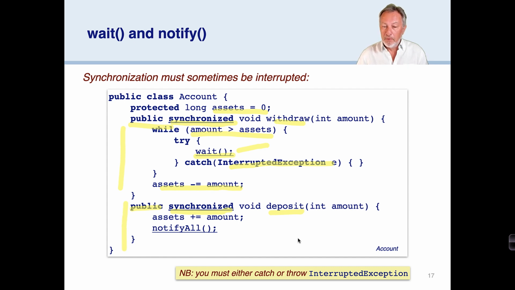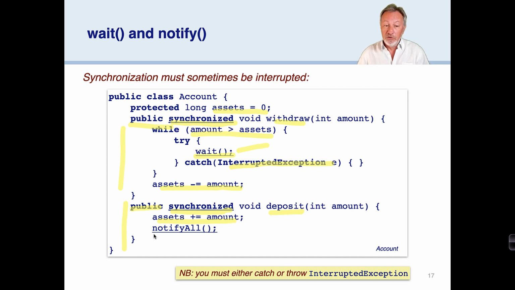When do you get woken up? Well, this is very simple. There's some other method which is also synchronized. It also must be in a critical section. In this case, it's deposit. And this method has no guard because you can always deposit something new. So there's no wait while. We simply increase the assets, and we know, because we're implementing the logic of this class, that if this happens, it may be that there's some other method which is waiting for us in its critical section.